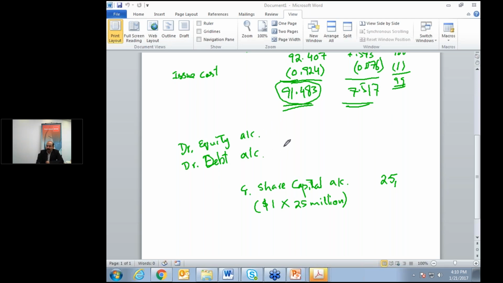Equity account will be debited. So in total, this will be debited with 107,517. Equity will be debited with 7.517, as we have calculated here: 107.517 minus 7.517.